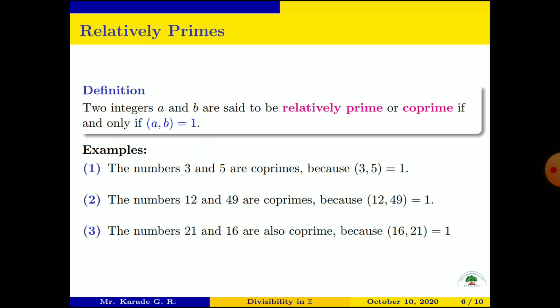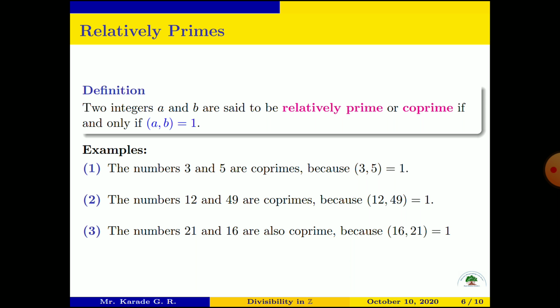Next, we define what is meant by relatively prime integers. Definition: two integers a and b are said to be relatively prime or co-prime if and only if GCD of a and b is equal to 1.